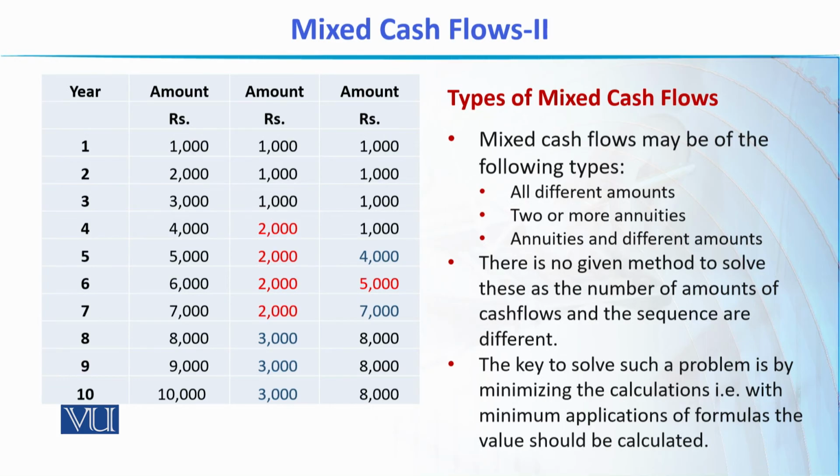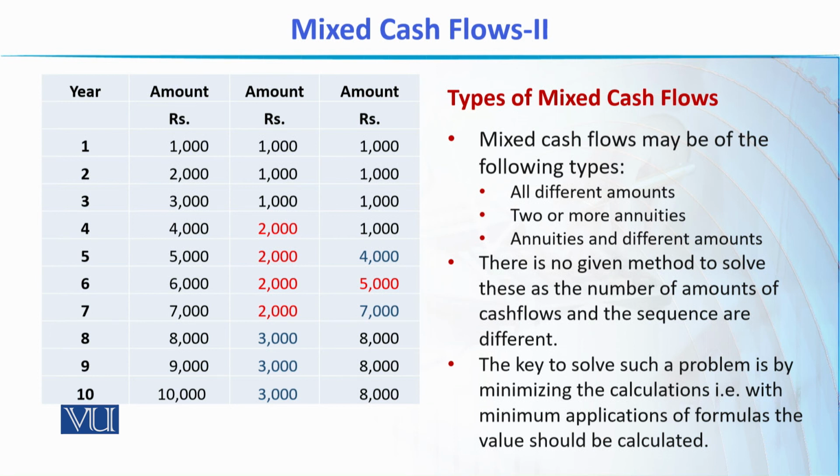That is, we need to analyze every such mixed cash flow by looking at the number of entities in it or the number of individual amounts in it. So if we have a look at various cash flows, which are mixed cash flows, we may say that there are possibly three types of these mixed cash flows.